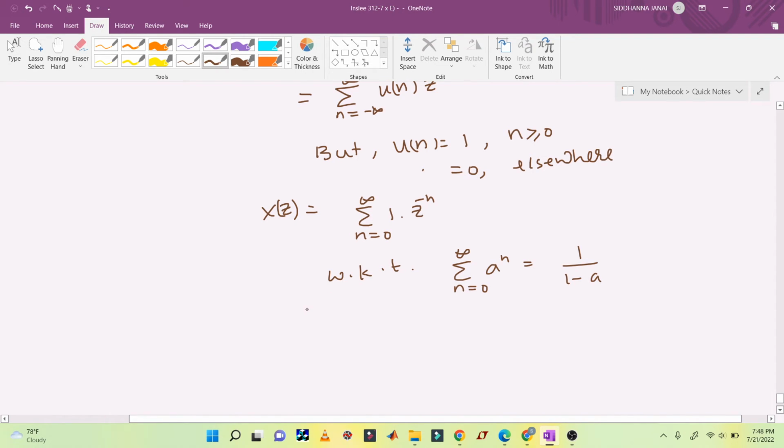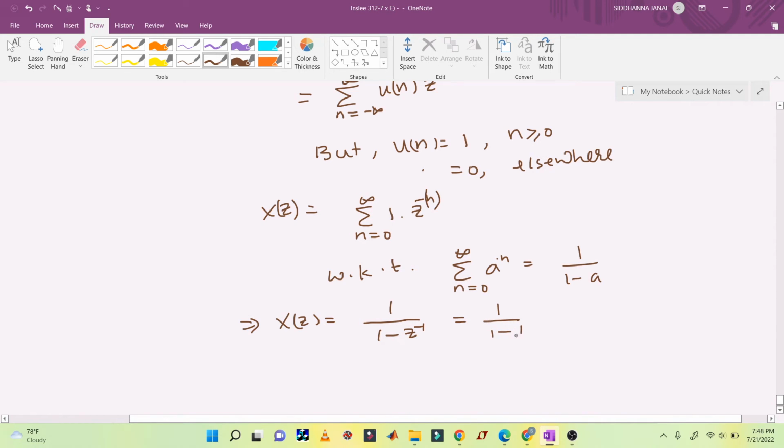Based on that, x of z is equal to 1 divided by 1 minus z inverse here, because this is the exponential n, this is minus 1 into n. So for this we have the equation, not for z inverse. That's why directly we can take 1 divided by 1 minus z inverse.